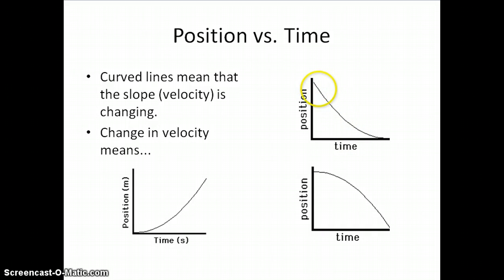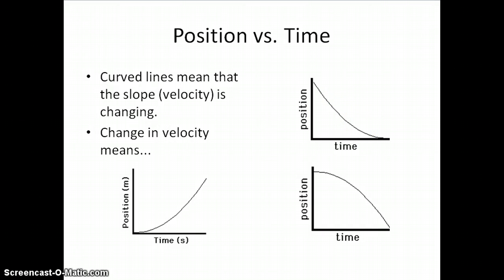So you're changing your position in a greater sense in the same amount of time as you are here. So this means you're going fast to slow, but this here has a negative slope, which means you have a negative velocity, and you can tell from the position that you're just moving backwards. So again, here you have a negative velocity and you're moving fast to slow.